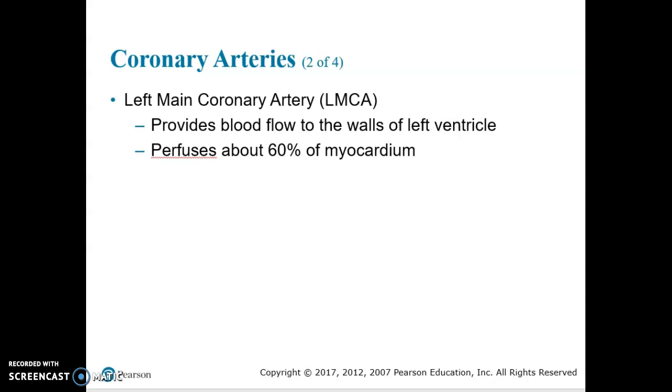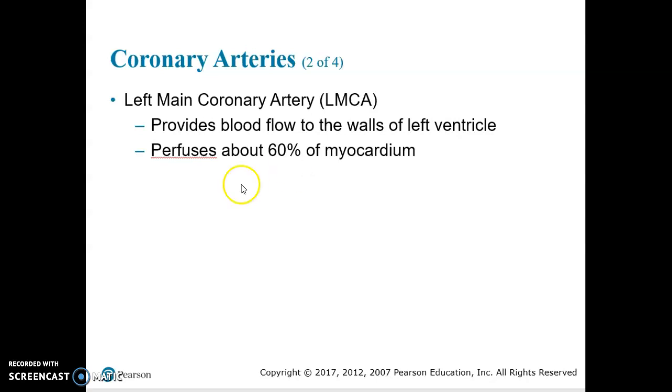So when blockages occur in the LMCA, the left main coronary artery, it can produce a huge myocardial infarction, because if this is blocked, over 60% of our heart is not getting oxygen. That's very bad because of the amount that it provides to the heart.